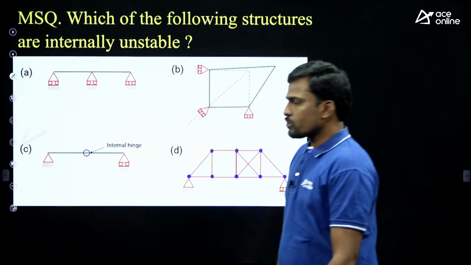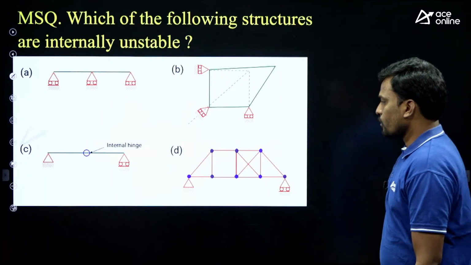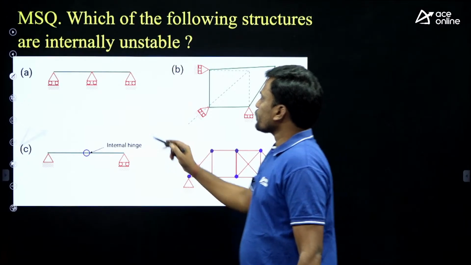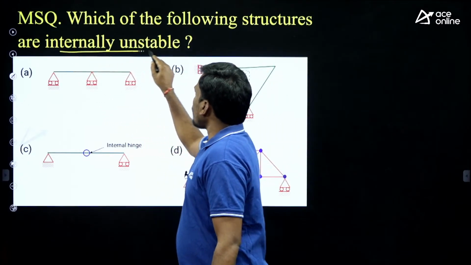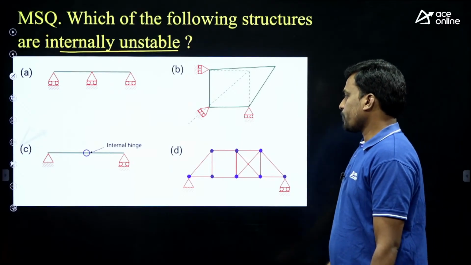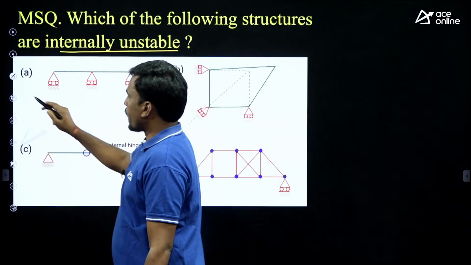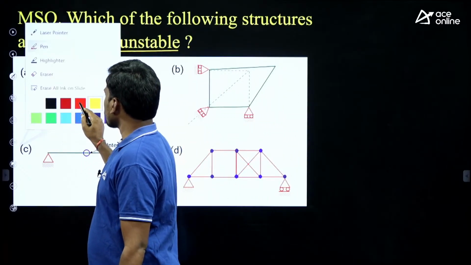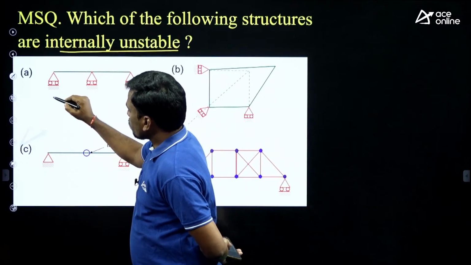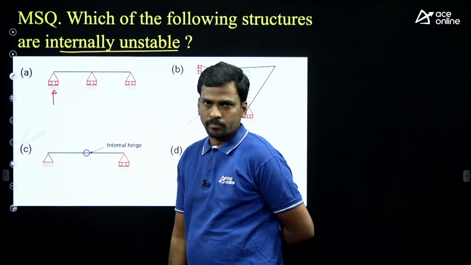Right. So this is a multi-select question. Which of the following structures are internally unstable? Students, if you see the first diagram, this is a roller support, the number of reactions is only 1, that is vertical.